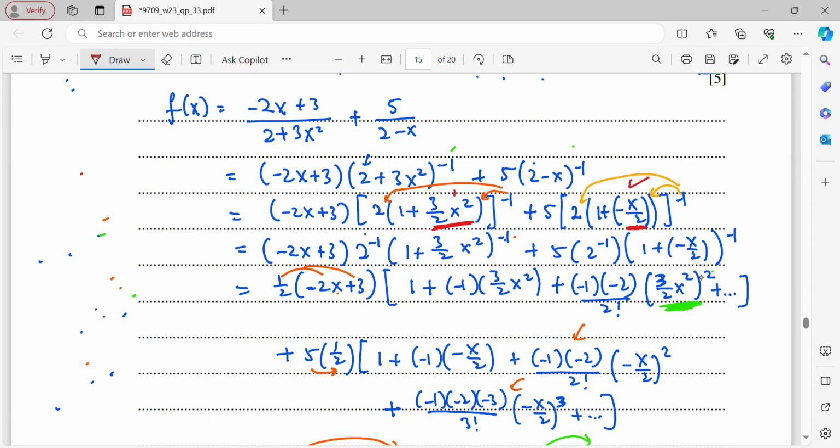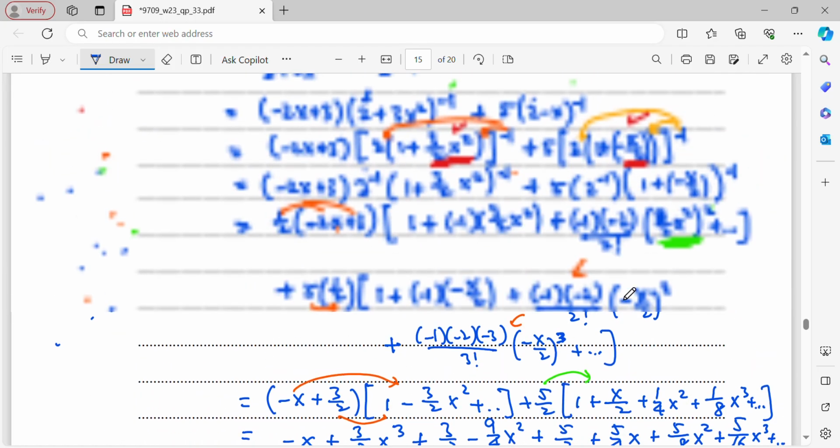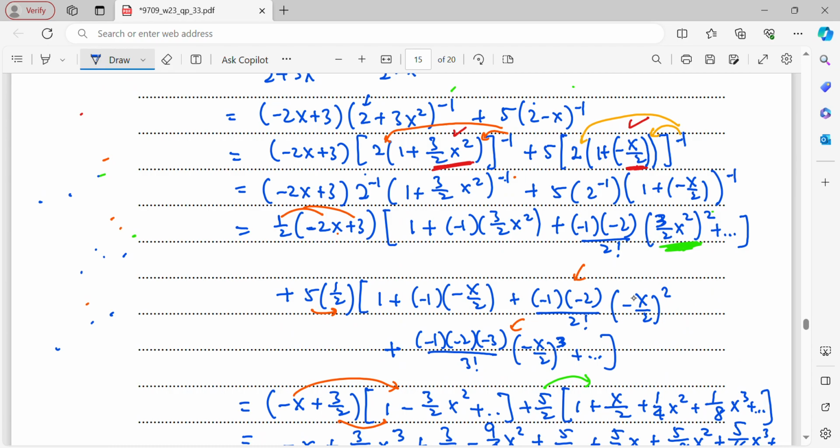Okay, these two. So I will write modulus 3 over 2 x squared less than 1. Another one is modulus of negative x over 2, which is here.